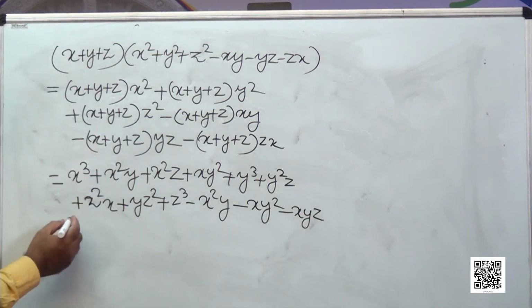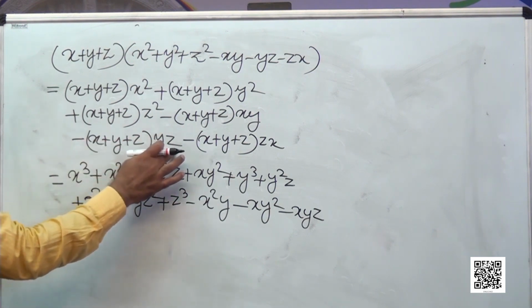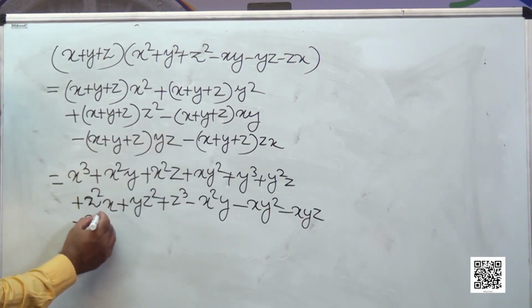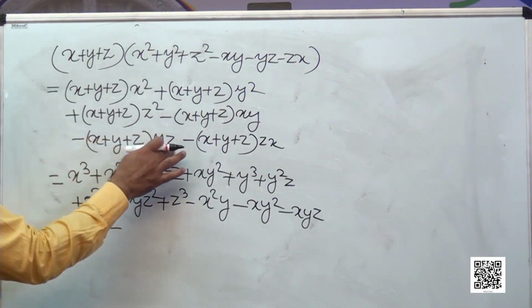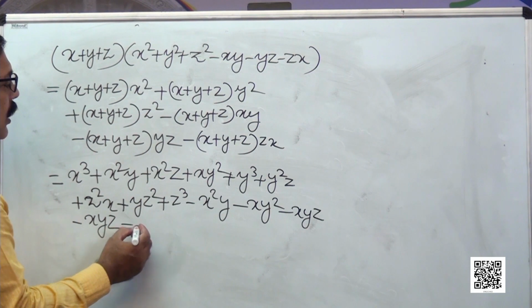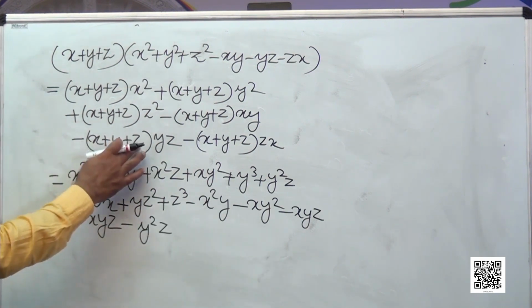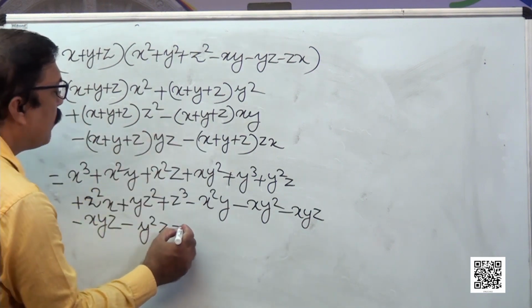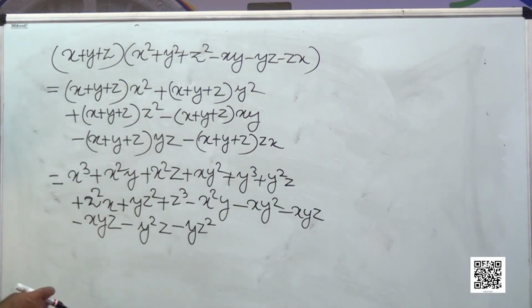And in the case of the third line, minus x into yz gives minus xyz, minus y into yz gives minus y square z, and minus z into yz gives minus yz square.